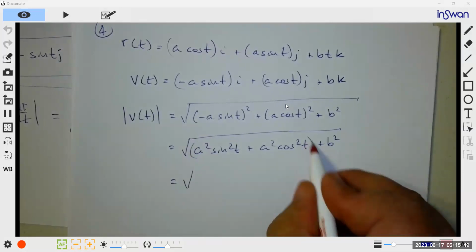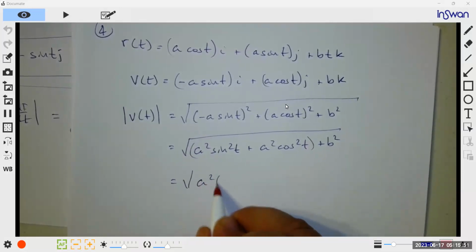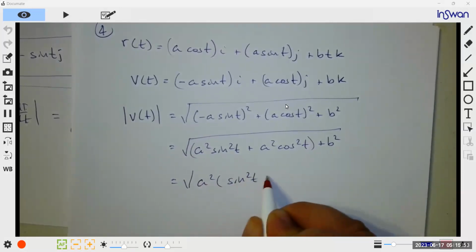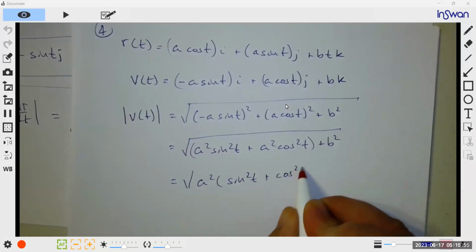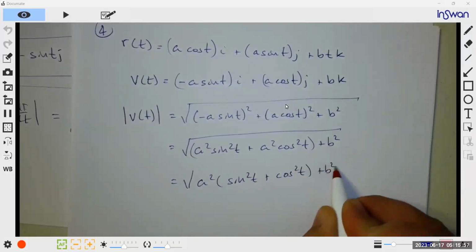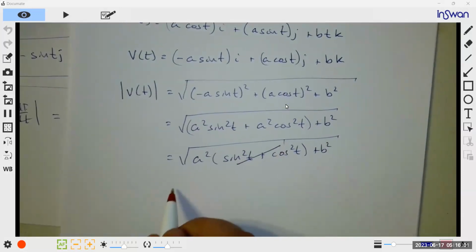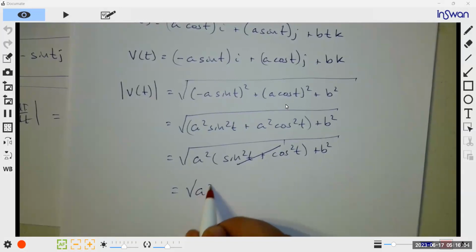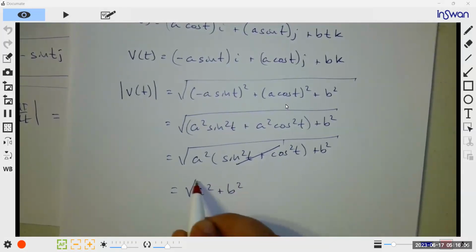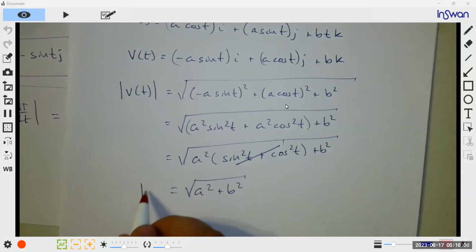So out of these two, I could group them. A squared times sine squared plus cosine squared plus b squared, that's an identity. So we have the square root of a squared plus b squared. That's my magnitude of v.